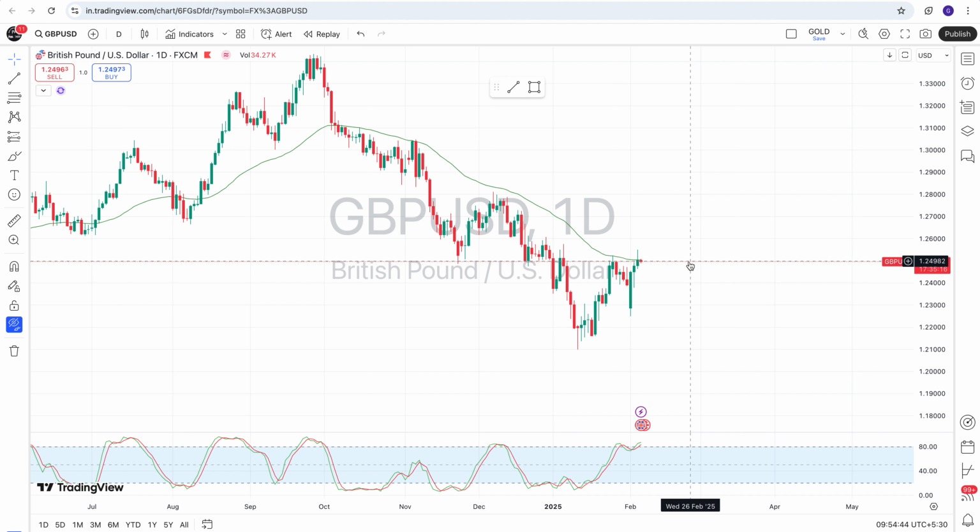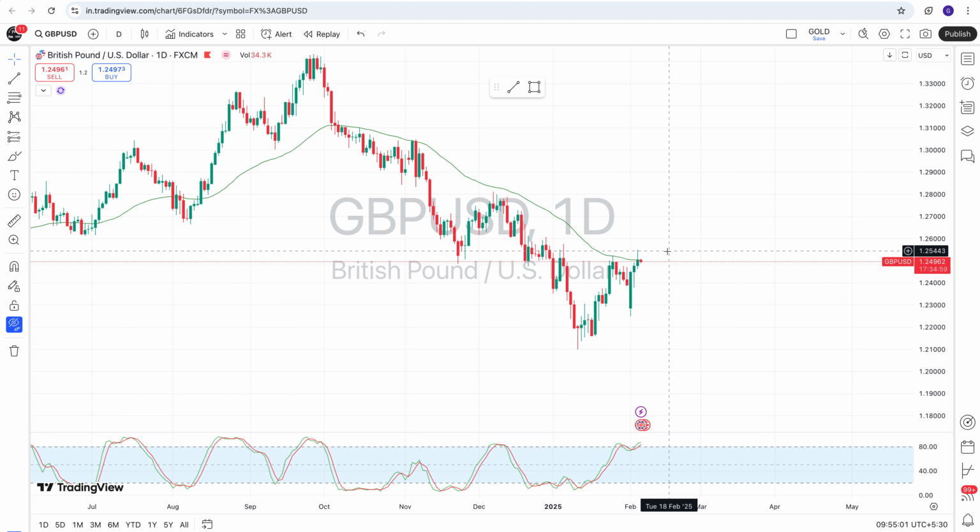So in case it can sustain above 1.2546, if today's candle closes above 1.2546, then we can see more upward momentum here.